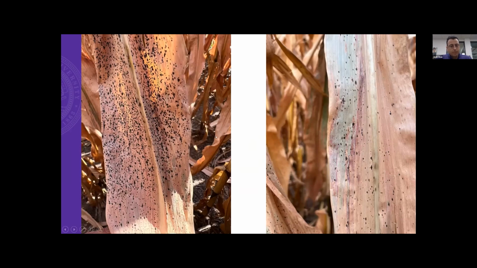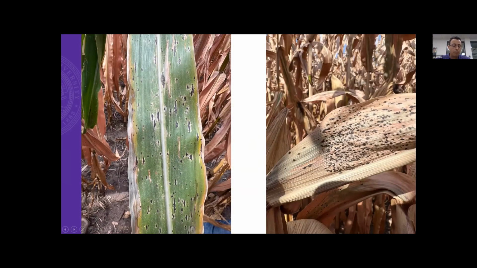Just a few more pictures that I have here. It can show up on both sides of the leaf, not just on the top but on the bottom side of the leaf as well, on green tissue or more senescent tissue. Here is a comparison of how it looks on green tissue and on more senescent tissue. Sometimes you can see these fish eye lesions, which are more elongated than the rounded ones.